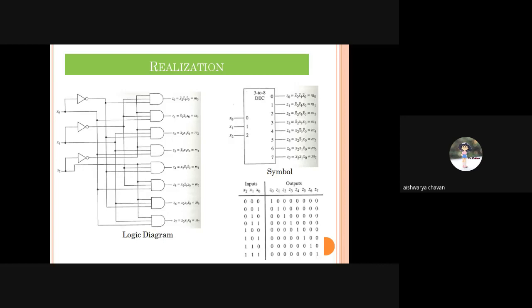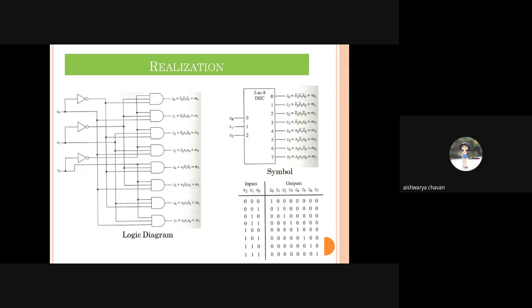Now see the truth table for the decoder. This one is a logic diagram, the representation using basic gates only. This is the symbolic notation for the decoder. Now see, when inputs are 0 0 0, the output Z0 will be selected, so Z0 will be 1.